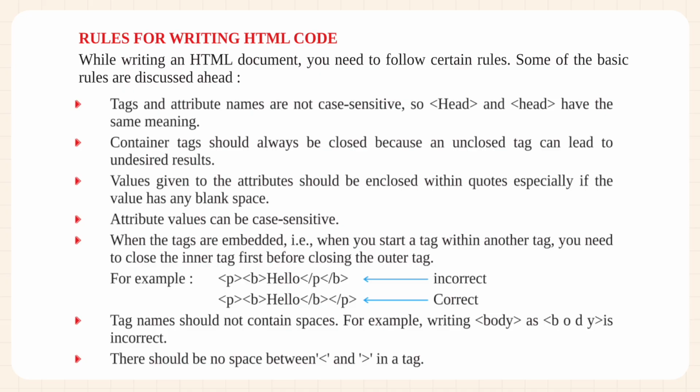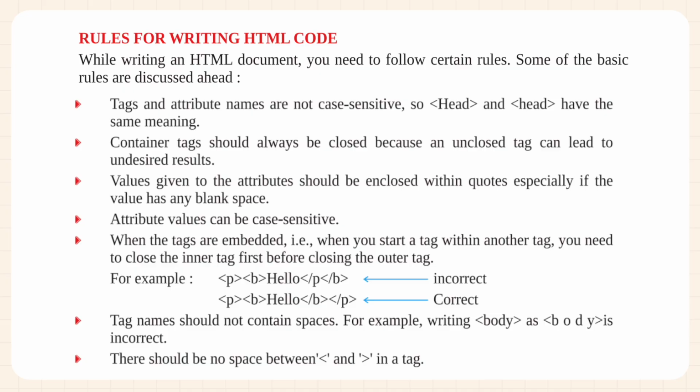Rules for writing HTML code. While writing an HTML document, you need to follow certain rules. Some of the basic rules are discussed ahead. Tags and attribute names are not case sensitive, so HEAD and head have the same meaning. Container tags should always be closed because an unclosed tag can lead to undesired results. Values given to the attributes should be enclosed within quotes, especially if the value has any blank space.